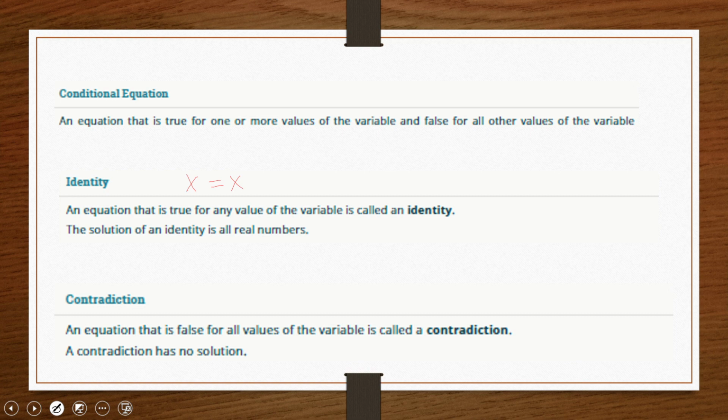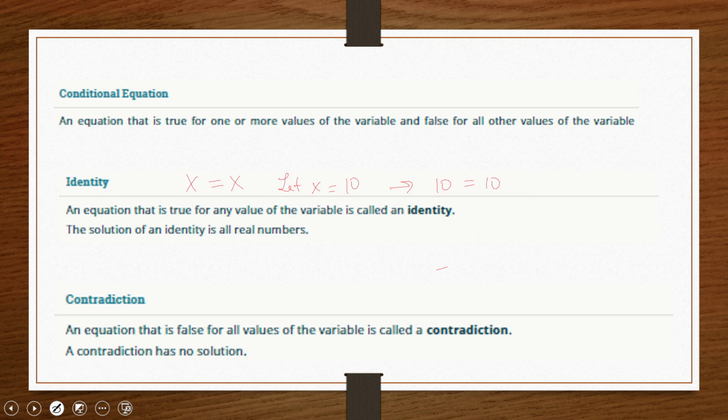Now this is an extremely simple example, but I think it illustrates my point. So if I let x equal 10, I get a statement that says 10 is equal to 10. If I let x equal any value, I get an identity. It is equal or equivalent to itself.